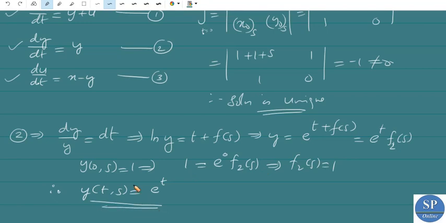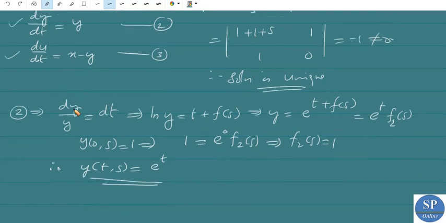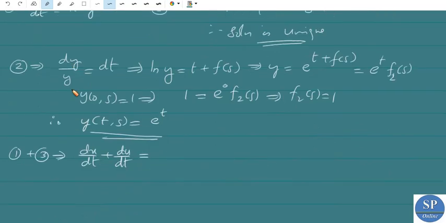Now the first and third equations we have to solve. How can we solve these? Actually, adding the first and third equations, we get dx by dt plus du by dt, which is y plus u, plus x minus y, so y gets cancelled, so this is equal to x plus u.